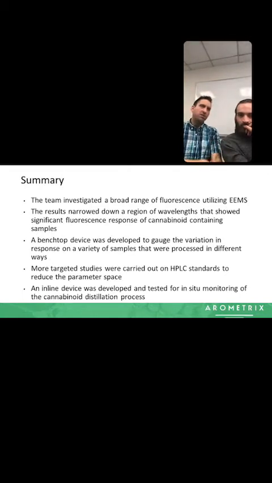That gave us the confidence that yes, we knew what we were looking at, and we moved that into an in situ monitoring system that could actually look inline and make sure we were seeing the same things. We saw the same things, and so this is how we scientifically came to the concept that yes, fluorescence can be used. It is a very powerful tool in telling us about the quality of the process and helping lead to a better product.